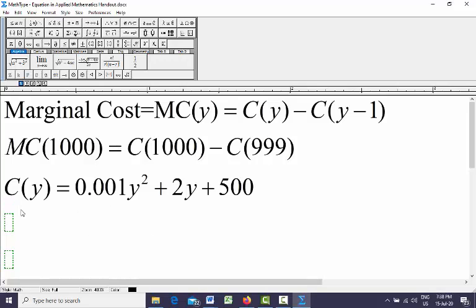Now what will be the value of this one? As you can see, this is the cost function.